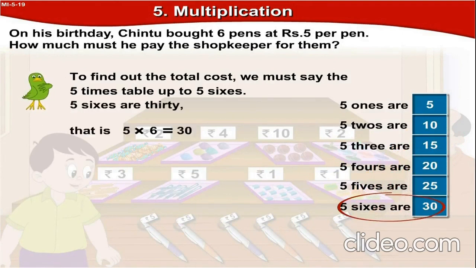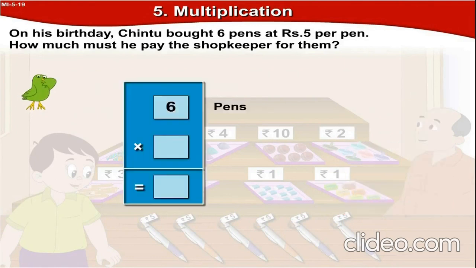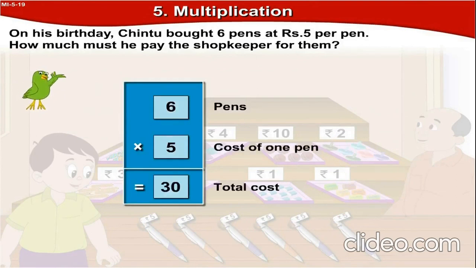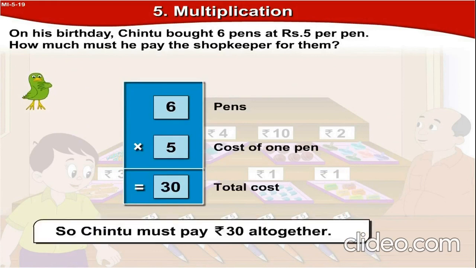That is, 5 into 6 is equal to 30. So, 6 pens multiplied by 5, which is the cost of 1 pen, is equal to 30, that is the total cost. So, Chintu must pay rupees 30 altogether.